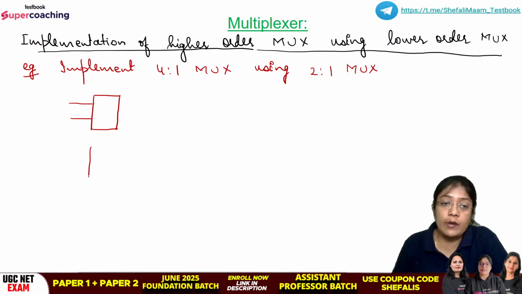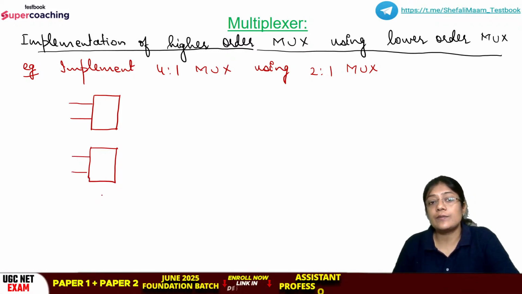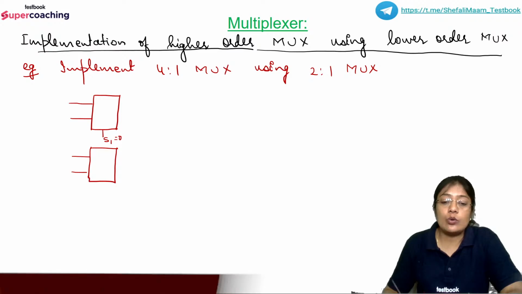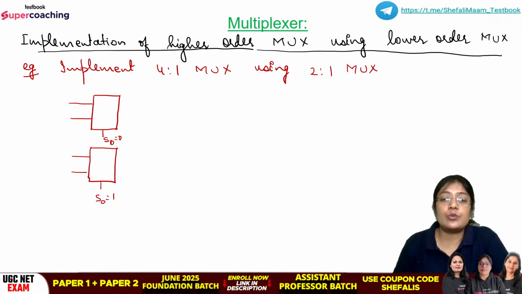That means at level 1 I need to use 2 multiplexers. This is, let's say, S1 when the value is 0 and this is when the value is 1.